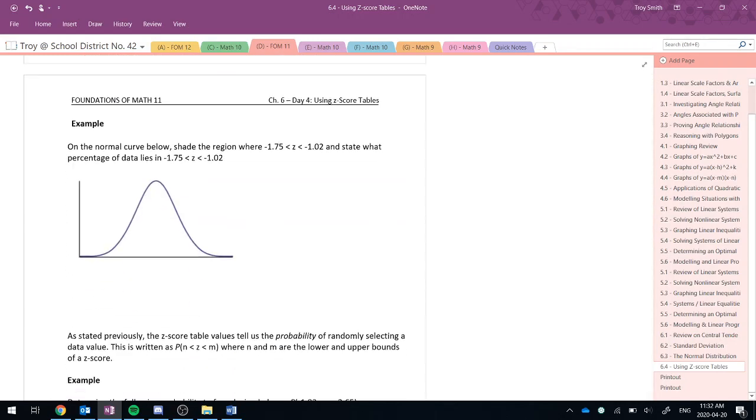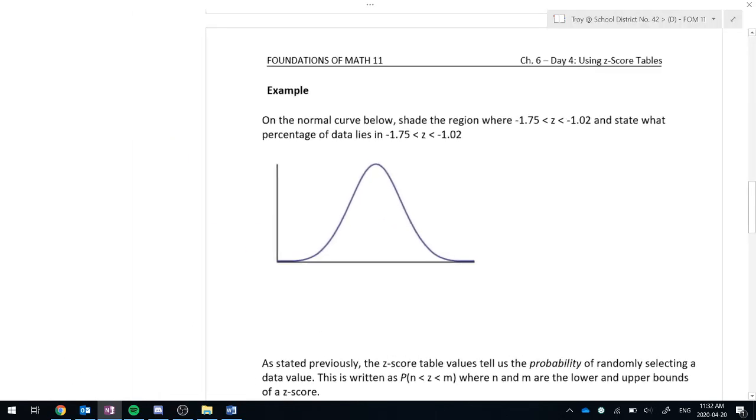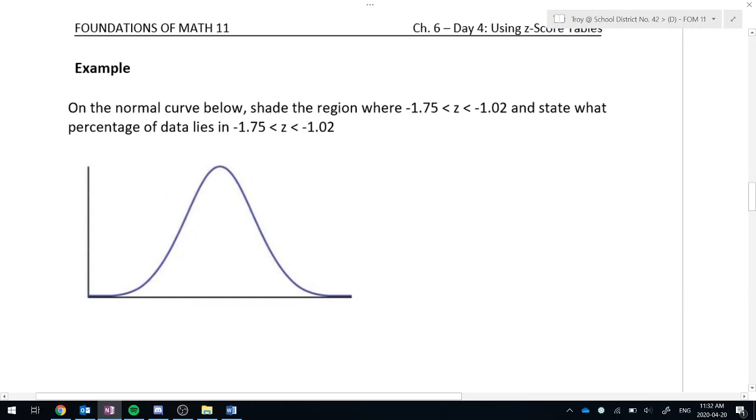Okay, so let's start with this one here. On the normal curve below, shade the region where, so what this means is the area is going to be between -1.75 and -1.02, and state what percentage of the data lies between those two z-scores. Okay, well we can make a quick sketch of that. So remember the z-score of the middle of the mean, that's 0.